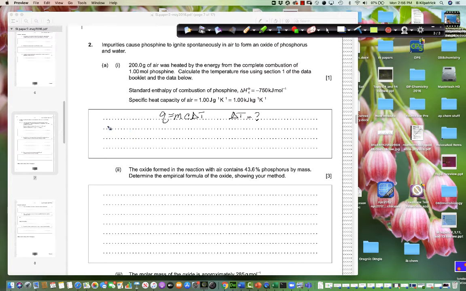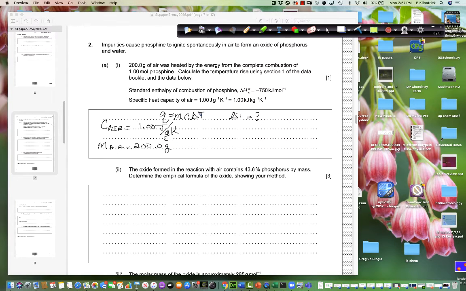We know the specific heat capacity of the air is 1 joule per gram per Kelvin, or we can say 1 kilojoule per kilogram per Kelvin. We also know we have 1 mole of phosphine and a mass of air of 200 grams.